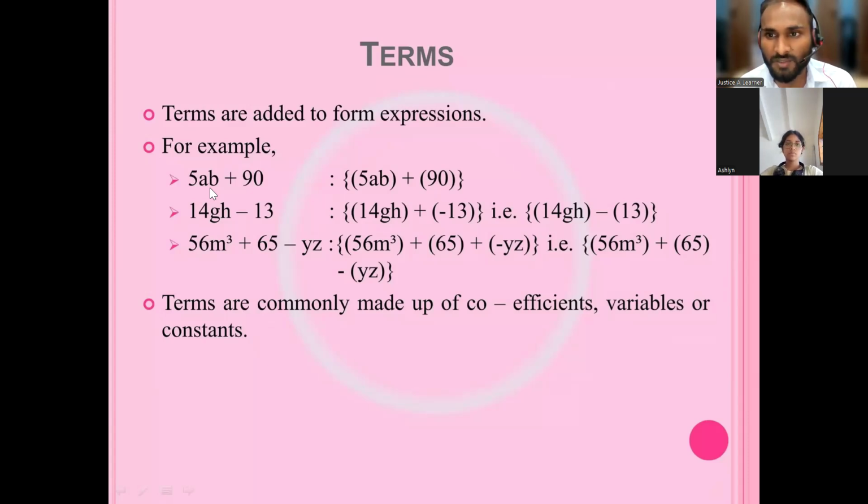Coefficient is a constant value which is placed before a variable. So here we can see the coefficient for this ab, the coefficient of this variable a, or a and b multiplied together. 5 is the coefficient value in this, 14 in this, and in this m cube we are having 56. So we must understand what coefficient actually stands for: it is a constant data just placed before a variable. Do you understand? Great.